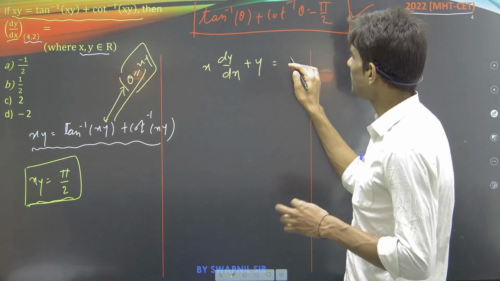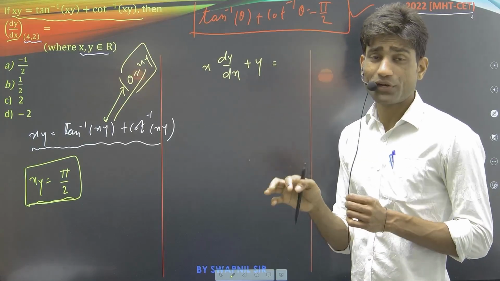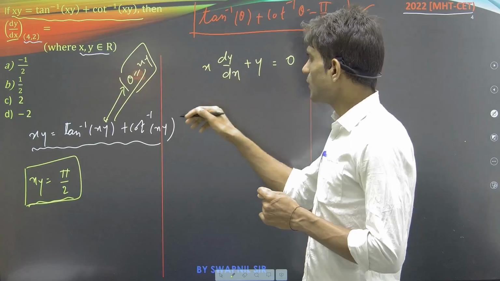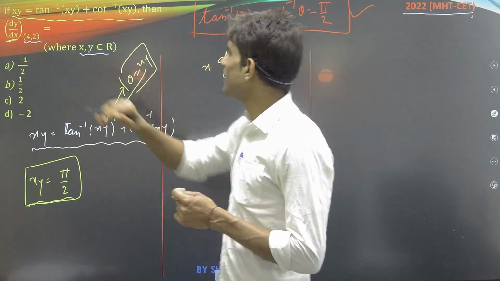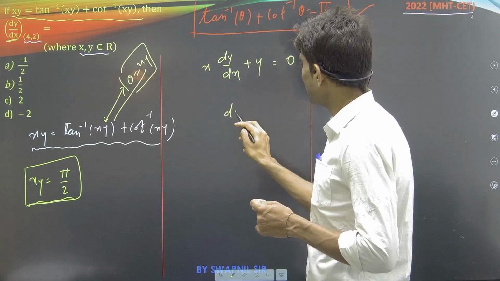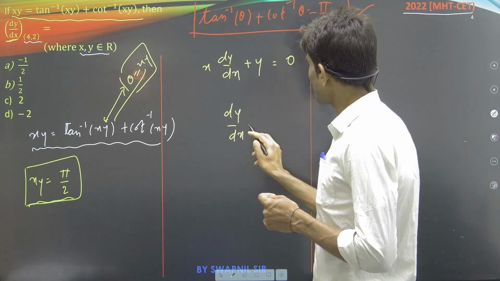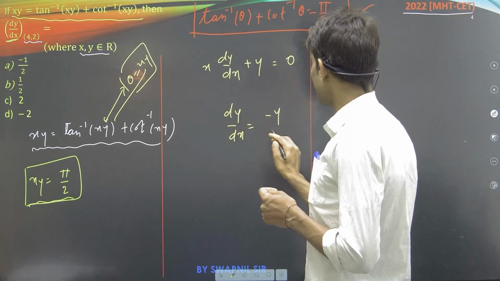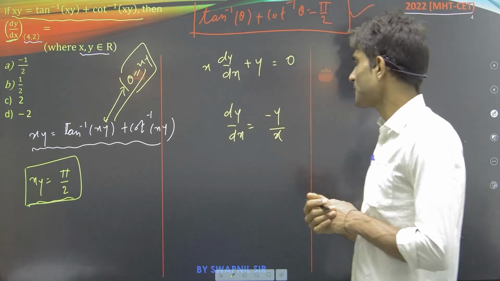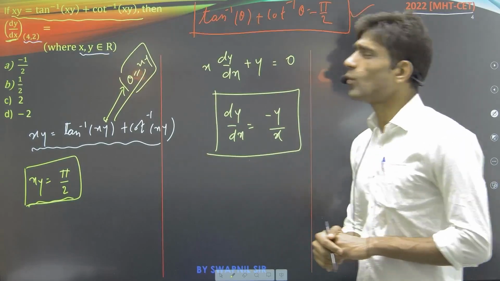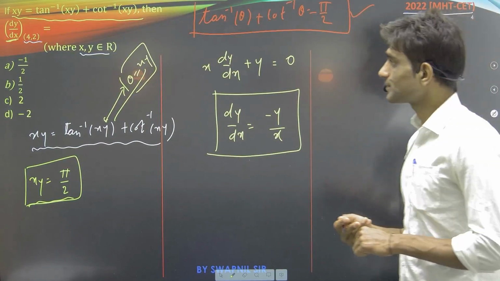The differentiation of pi by 2, a constant with respect to x, is 0. Since we want dy by dx, take all the other terms to the other side. So dy by dx equals minus y, and x, being a multiplicand, goes to the denominator. I got dy by dx as negative of y divided by x.